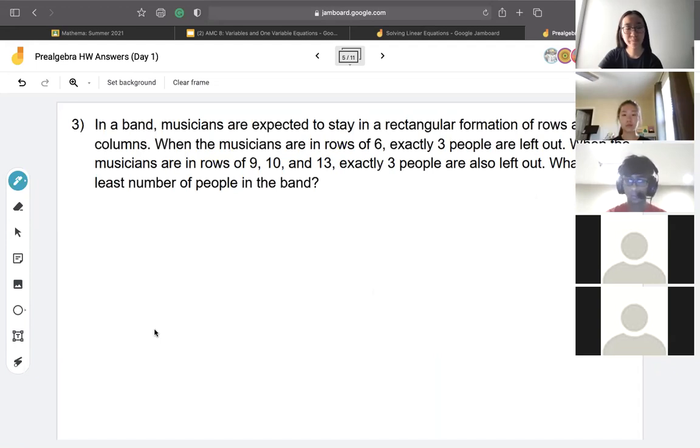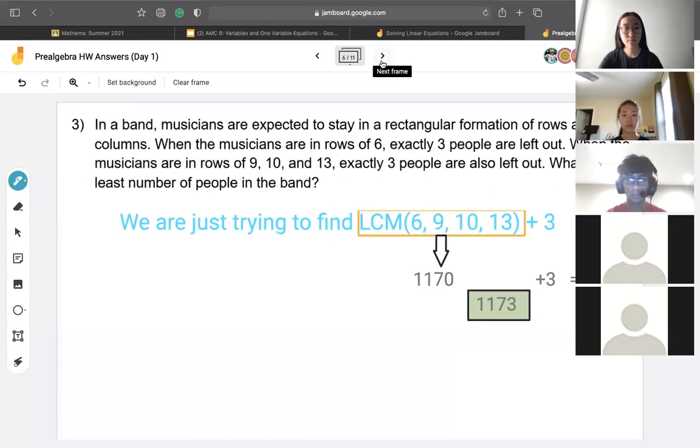Okay, so I'm seeing 1,173 from everyone, and that's correct. So basically, it's just going to be the least common multiple of 6, 9, 10, and 13. And then you're going to add 3 to that so that you can get the 3 people who are left out.